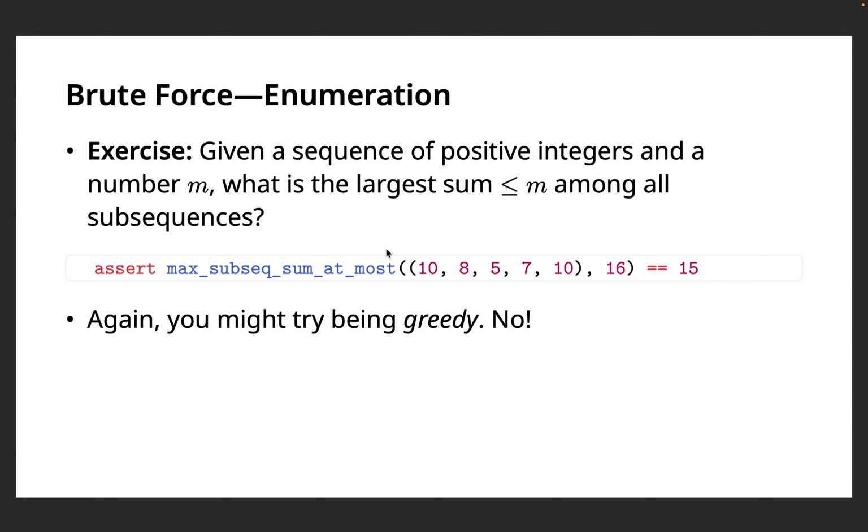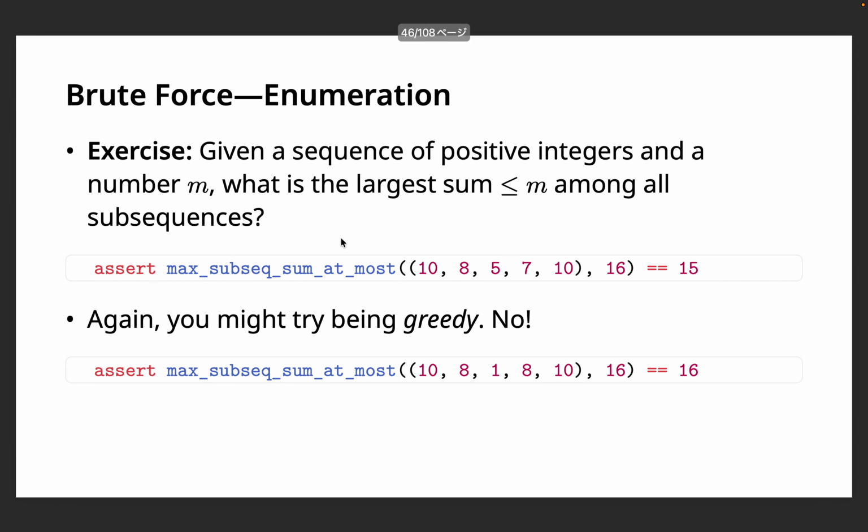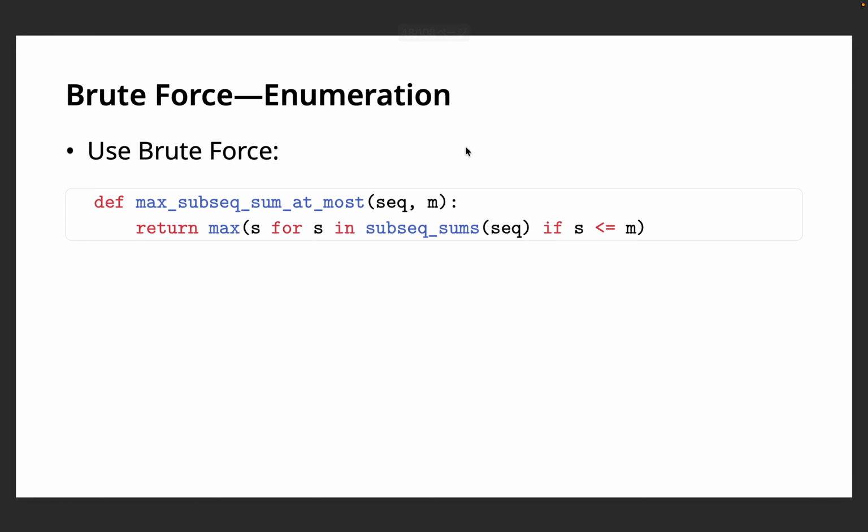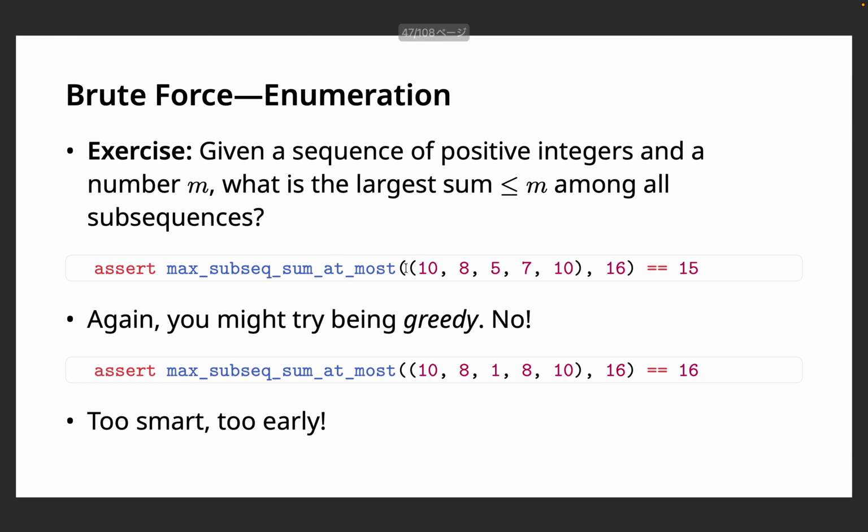So what do we do instead? Again, the point is brute force. If we want the largest sum that's less than or equal to m among all subsequences, then there's nothing stopping us from just trying all possible subsequences. So for each subsequence in this sequence, we check its sum. If the sum is less than or equal to m, then that's one of the numbers that we consider.